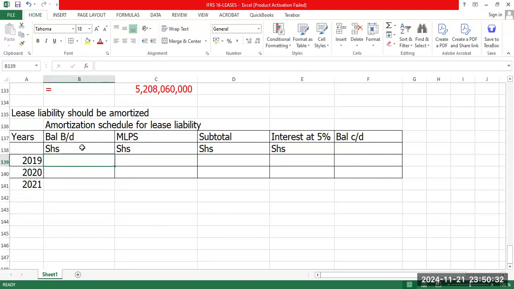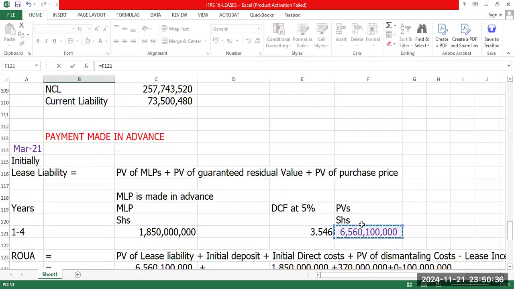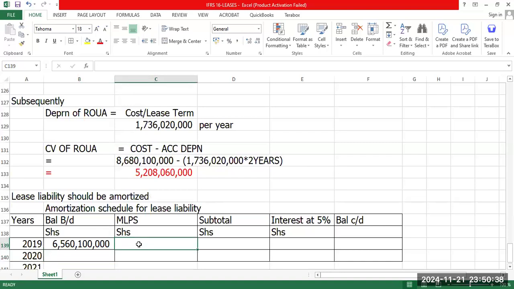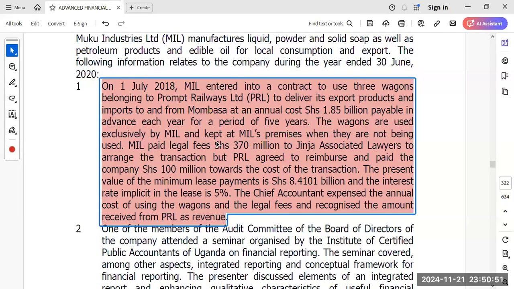So what is the balance brought down for lease liability? It is this. A minimum lease payment. Minimum lease payment is of how much? At the beginning of the year, this company pays how much? 1.85.